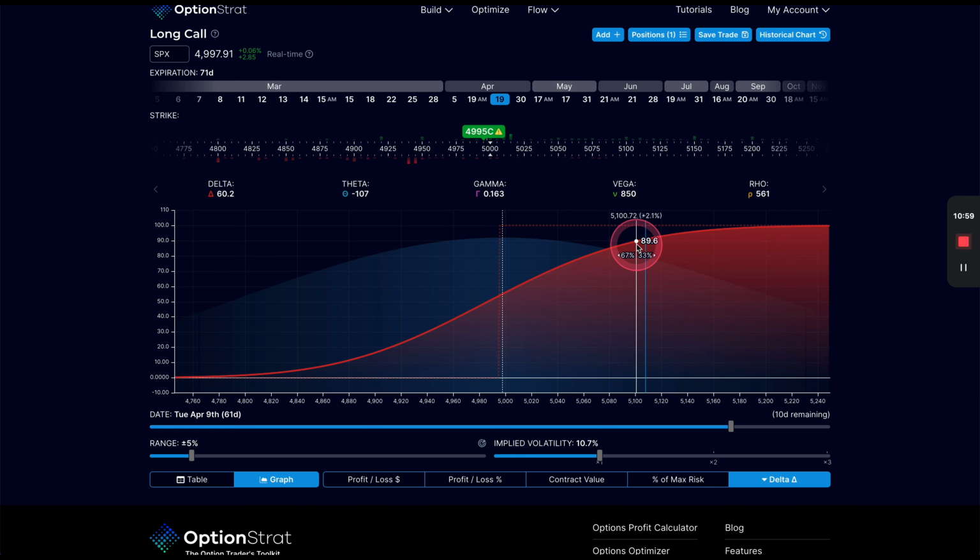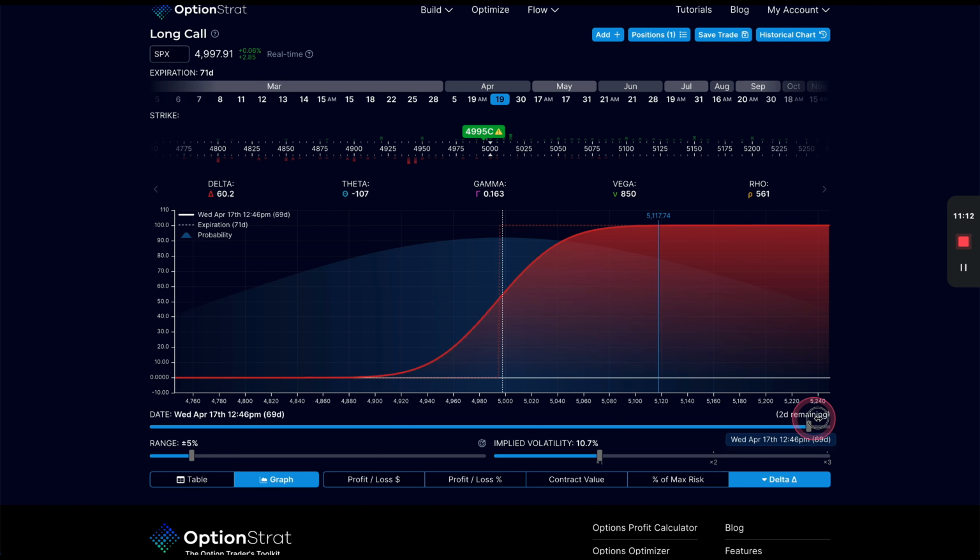And the fact that I'm already up here well above, 100 points above where it was when I entered, my odds of ending there are higher. So we can come in and again model that specifically here until you get all the way down to expiration. And at expiration, you're either in the money or out of the money. There is no in between, which is why it's such a vertical line at expiration.